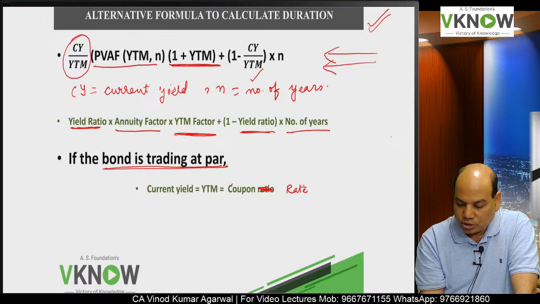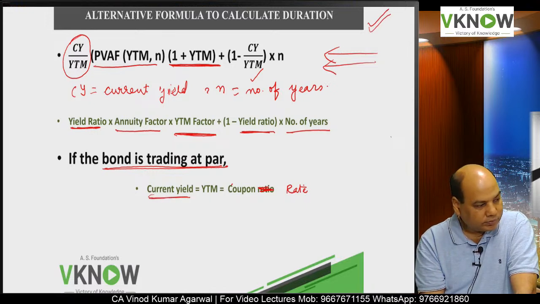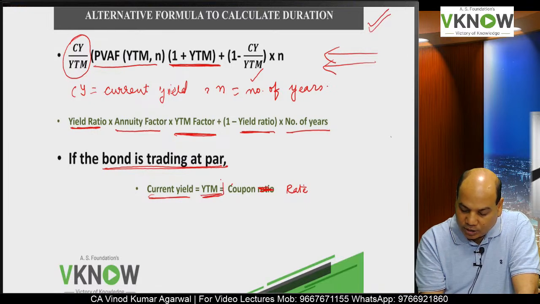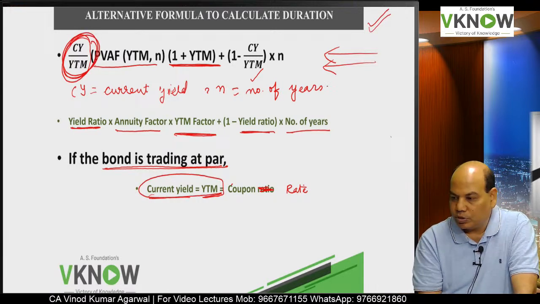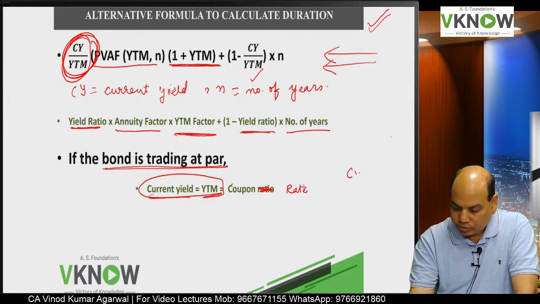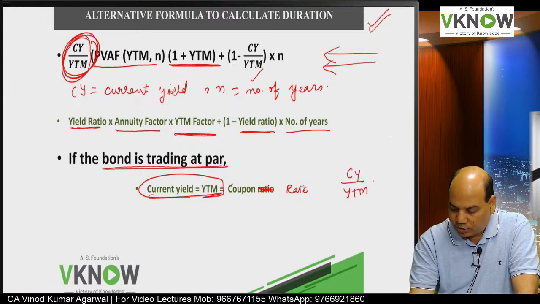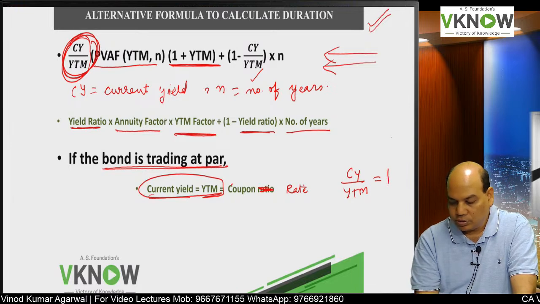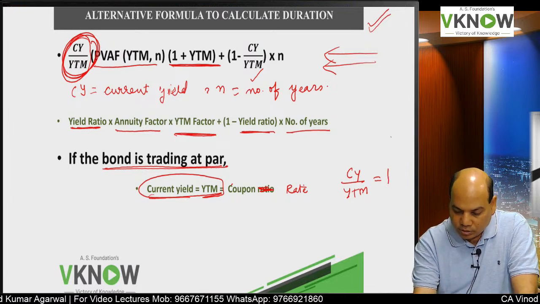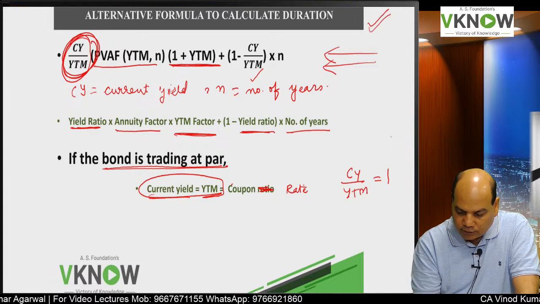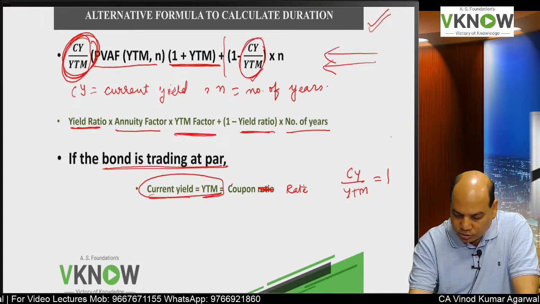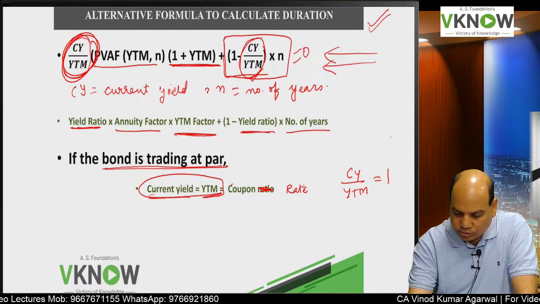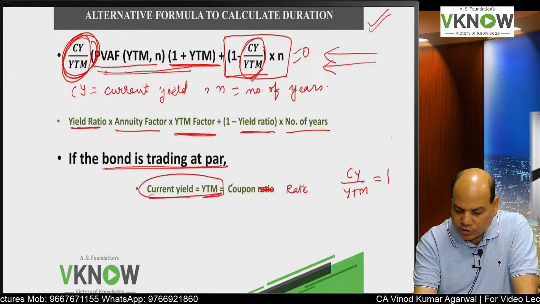Now you see the shortcut. If current yield and YTM are equal, what will be the value of CY upon YTM? CY upon YTM will be equal to 1. Very good. So if it is 1, in my formula this portion 1 minus 1 will become 0. So this entire thing will become 0 and we are only left with this much.